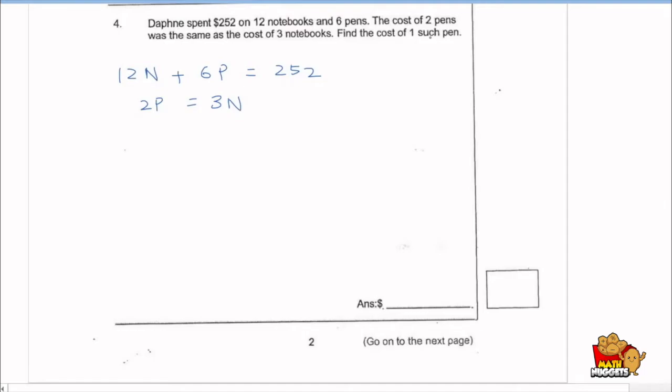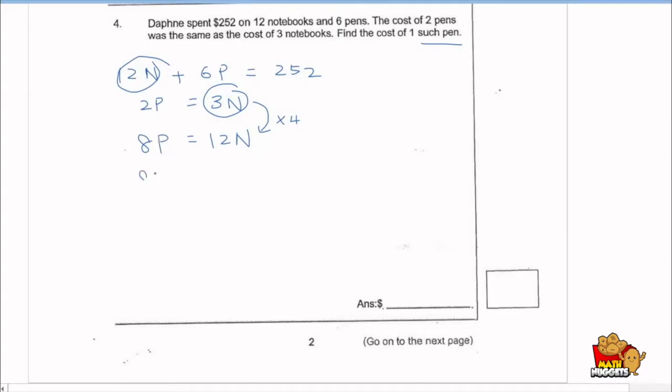So the question wants us to find pen. If they want us to find pen, I'll make the other thing the same, in this case notebooks. So let me make notebooks the same. I'll multiply this by 4 to make it 12 notebooks. So 12 notebooks is equals to 8 pens.